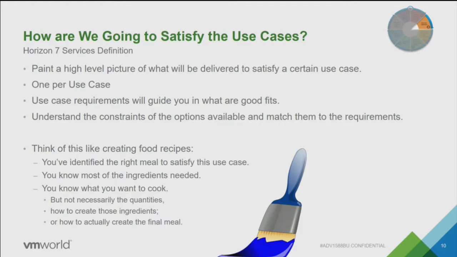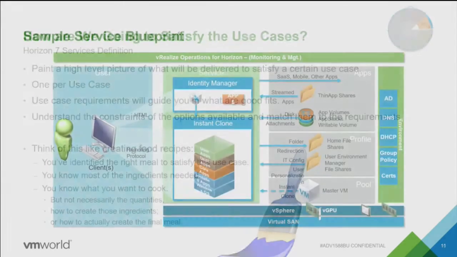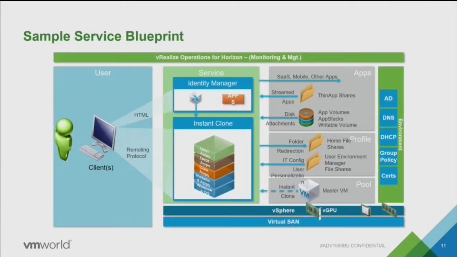But I could draw a picture of it and understand the components I need. So let's draw that out and understand what the requirements are there. Once we've got that, we can then draw pictures like this, blueprints of the end service. So from the user on the left-hand side here, they're consuming some service.